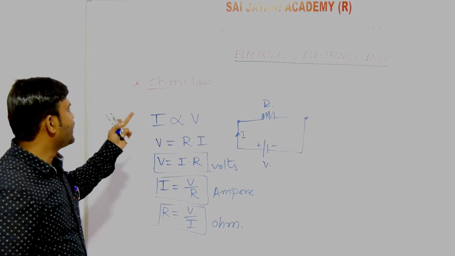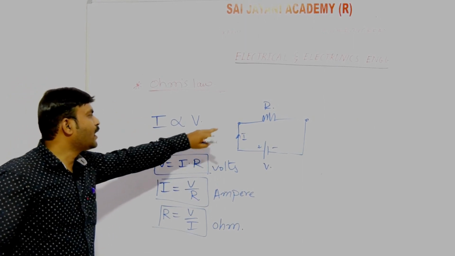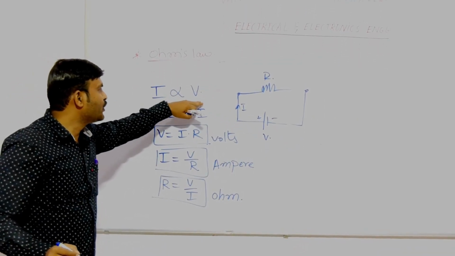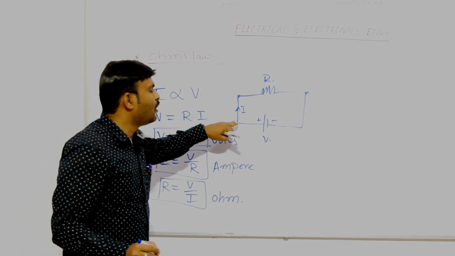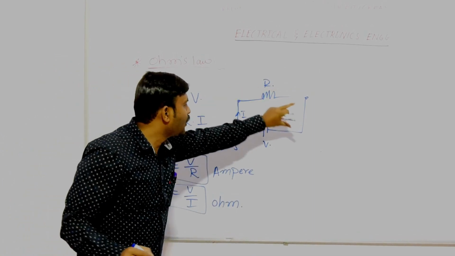So Ohm's law states that current flowing in a conductor is directly proportional to the potential difference or voltage applied across the conductor.